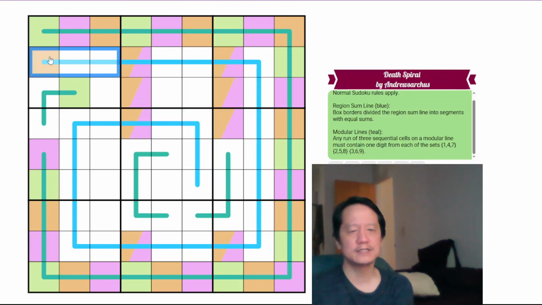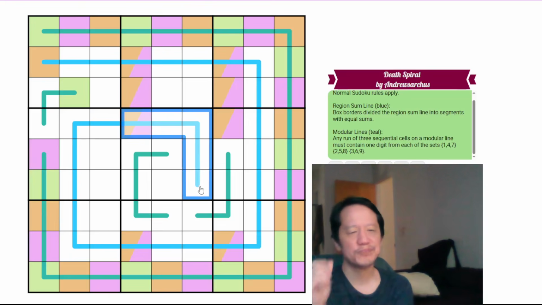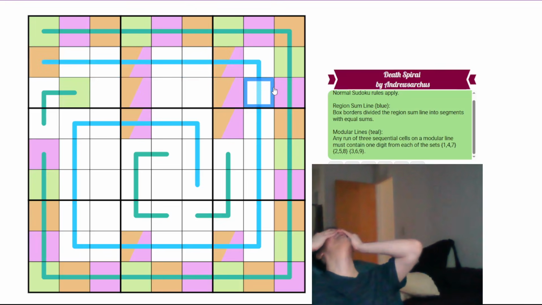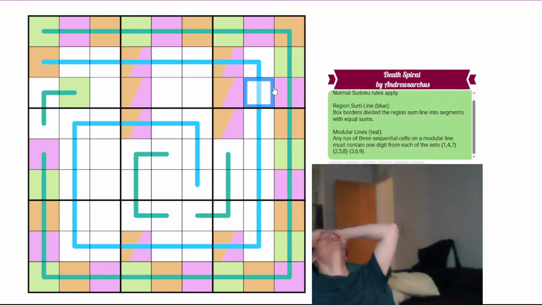What's the max sum you can have? So the minimum sum of the region sum line segment is 16. The max, you could have the digits 2 through 9 here, and then another 9 there. That's the maximum possible, and then divided by 3. 2 through 9 is 44, plus 9 is 53, but that's not divisible by 3.